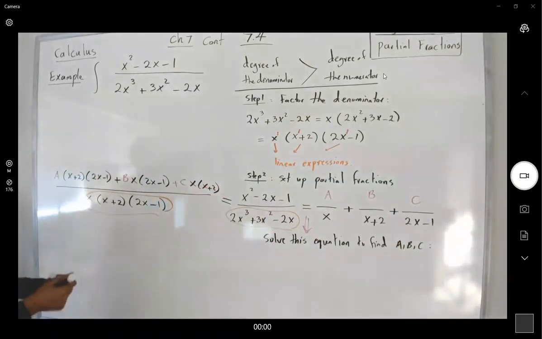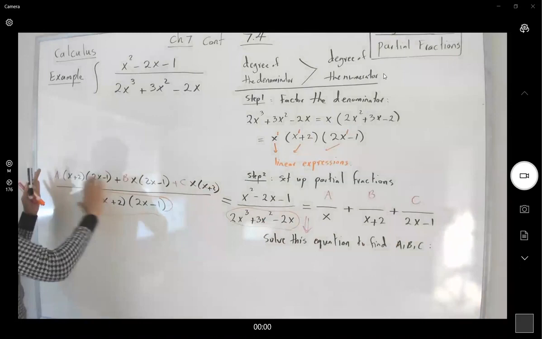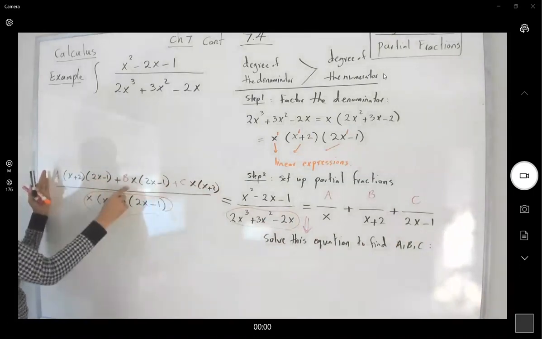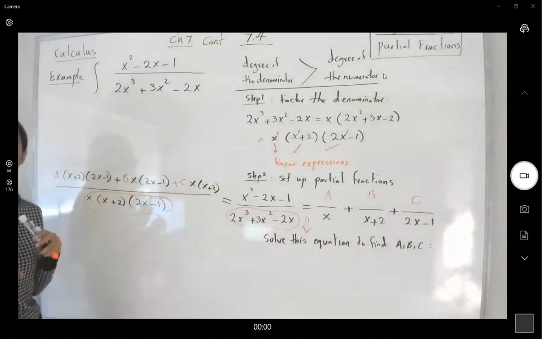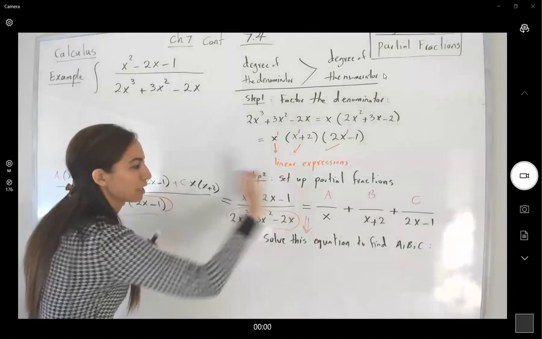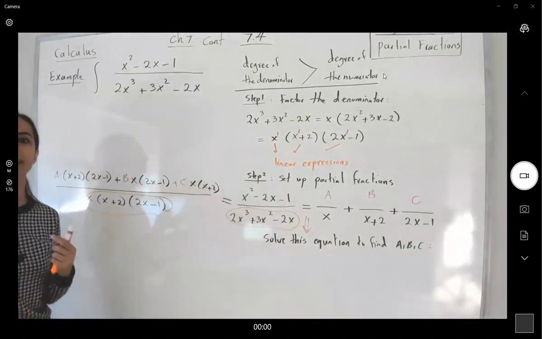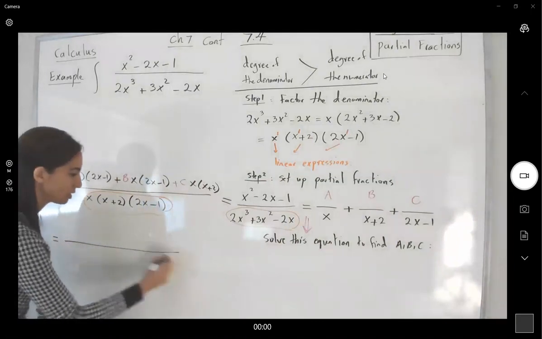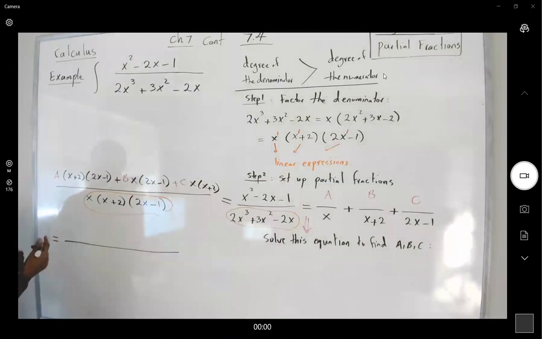What's the meaning of that? It means that if I multiply these out and distribute A, B, and C, this expression here must be x squared minus 2x minus 1. So let us start multiplying these and see how we can simplify this.